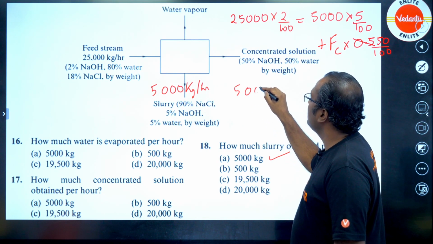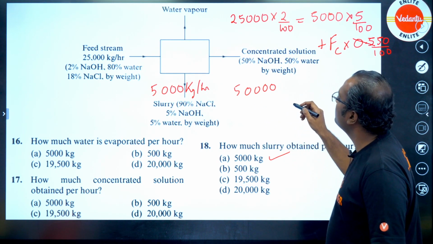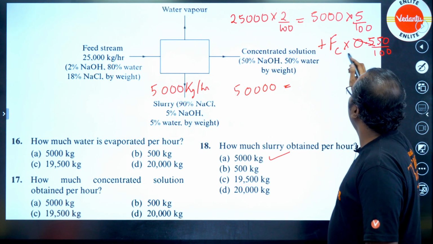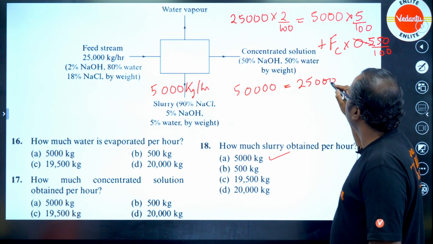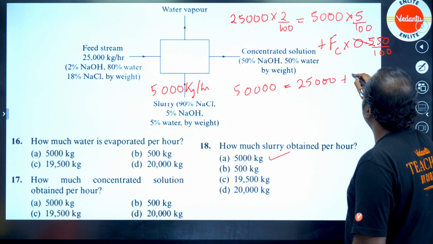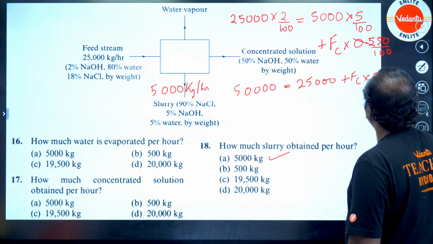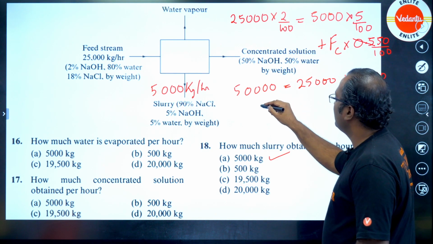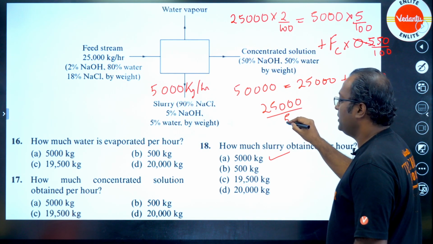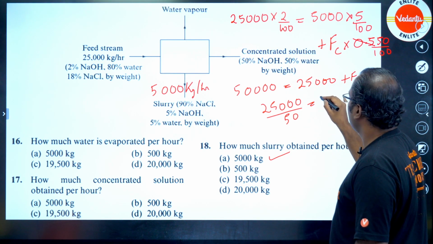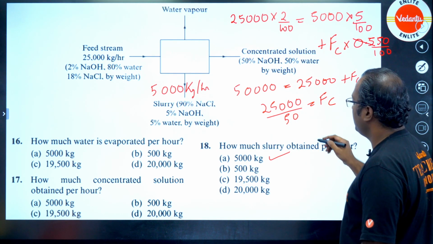So the numerator left side is now 50,000 equal to, 100 had got cancelled, so that's 25,000 here plus Fc into 50. So that's 25,000 upon 50 equal to your flow rate of concentrated solution.